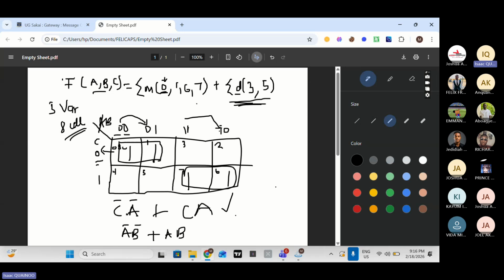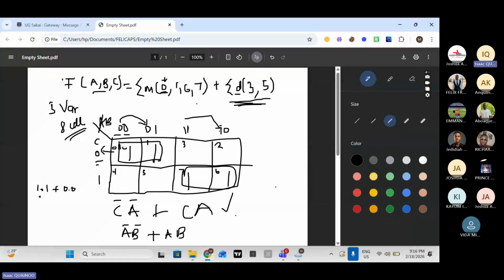So if C is 0, A is 0, B is 0, so C prime becomes 0 prime, we have 1, right? Times A prime is also 0 prime, we have 1, right? Plus we have C prime, C is 0, and then A is also 0.